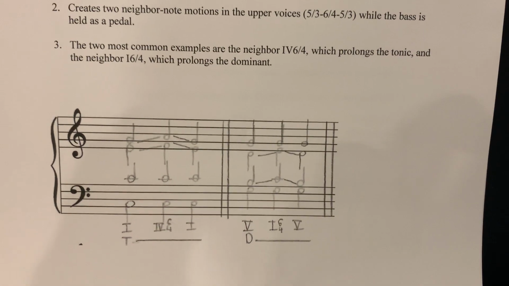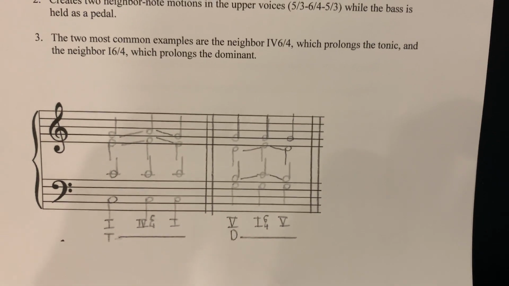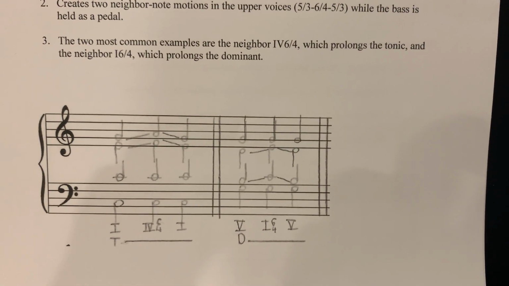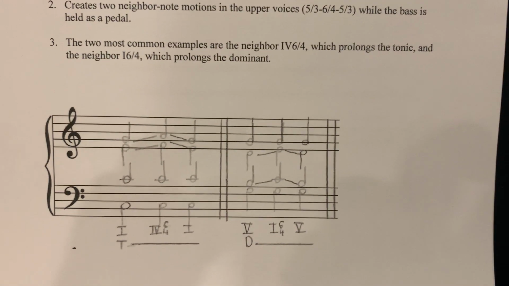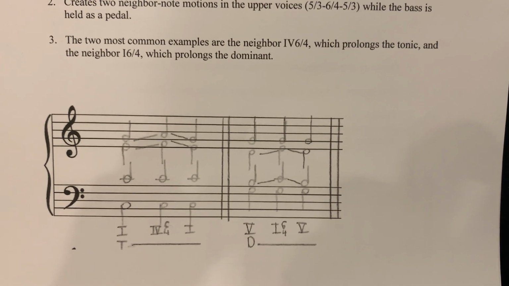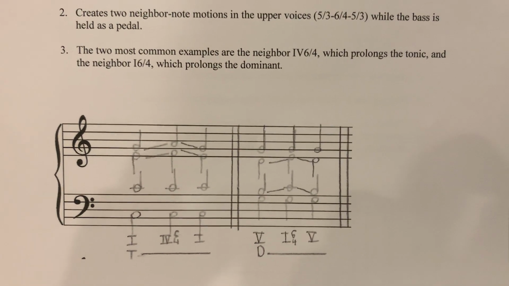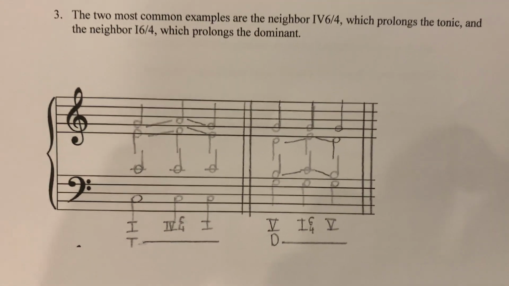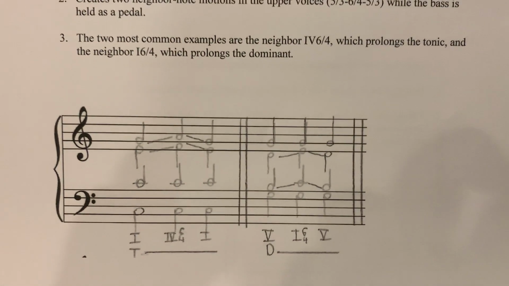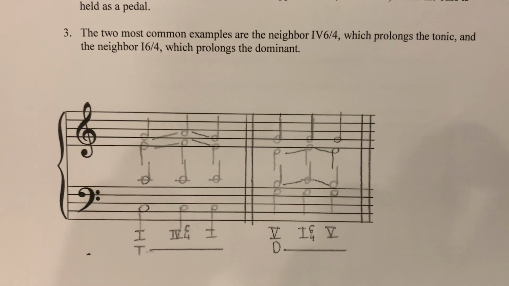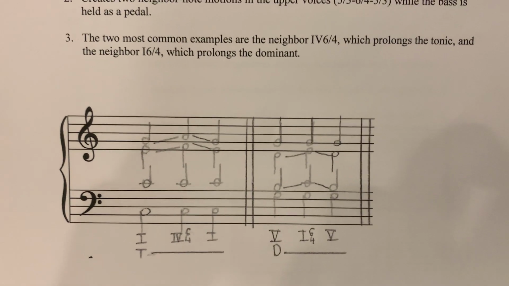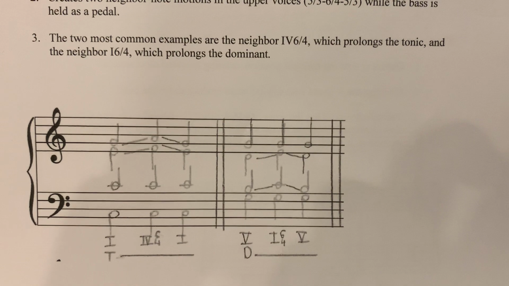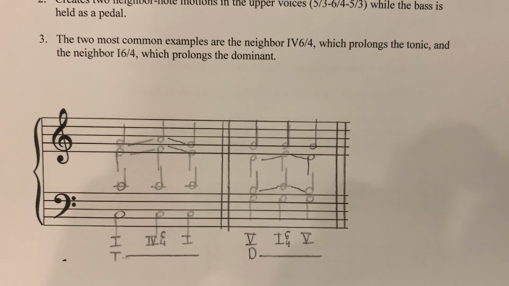Anyhow, number 3, the 2 most common examples of this are the neighbor 4/6/4. This is the first one I have here. You can use a 4/6/4 to prolong the tonic harmony. And almost like the 4 chord almost happens, you barely even hear that it's a 4 chord. It depends on the situation, but you barely get the sense of a 4 chord at all. You just hear the neighbor note motions.